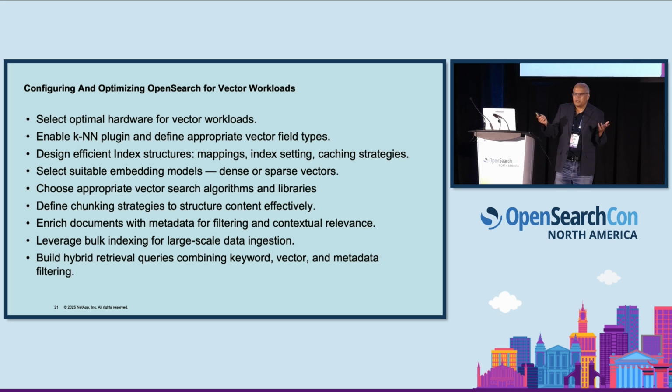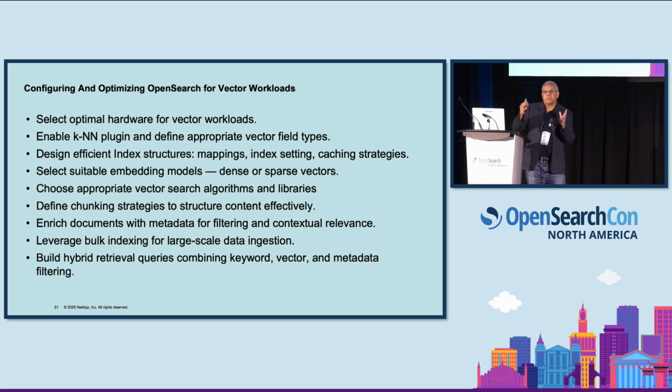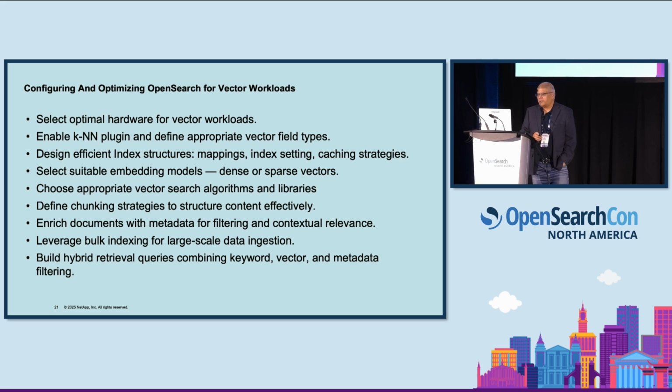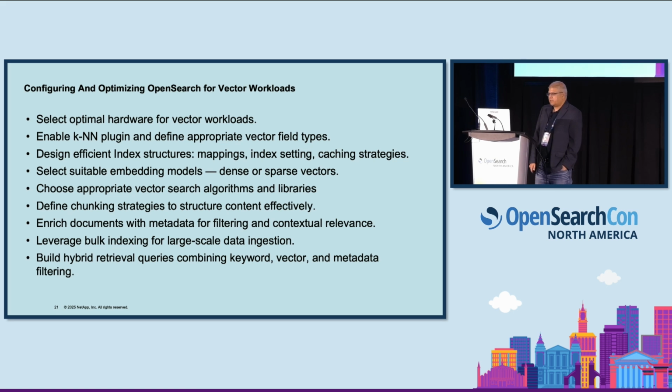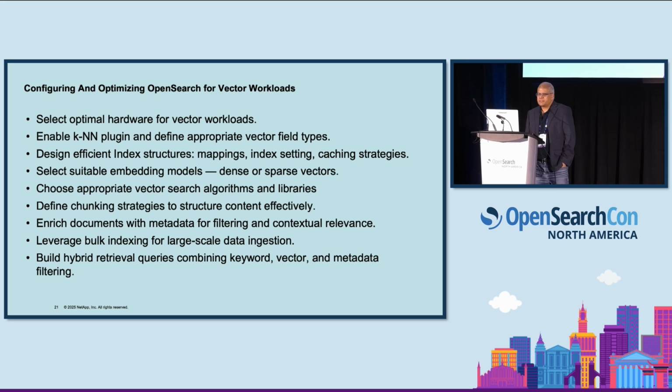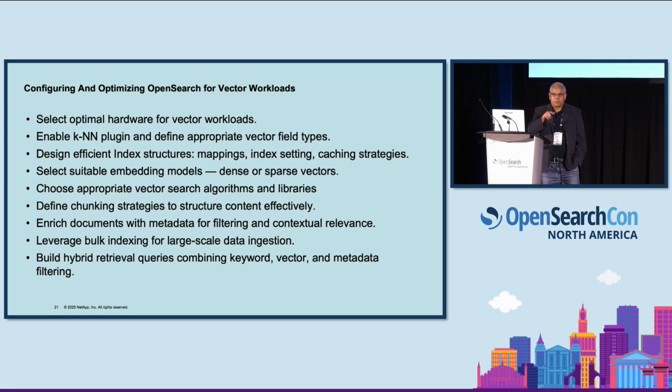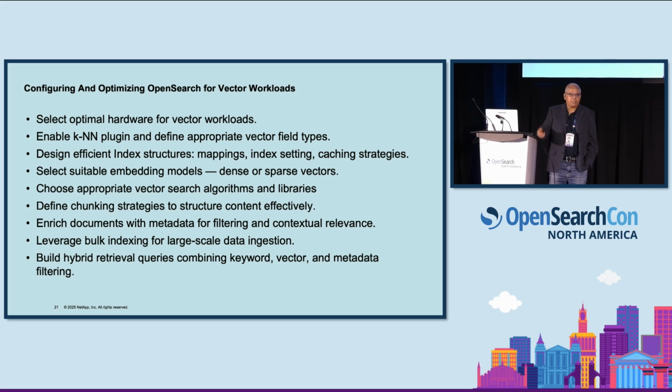I will briefly discuss some of them, like selecting optimal hardware for vector workloads. It's kind of a no-brainer, but there are certain GPUs and CPUs you can use. Enable the KNN plugin and define appropriate vector field types. Design efficient indexing strategies. Select suitable embedding models, and there are hundreds available. We have some recommendations. Choose appropriate vector search algorithms and libraries. Define chunking strategies. We talked about chunking, and again, there are some strategies that we have recommended.